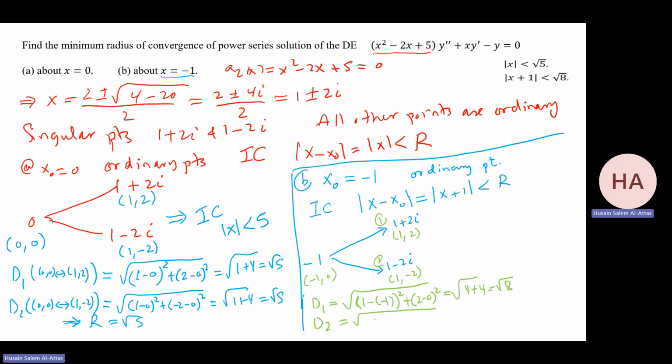So with this one, I have 1 minus minus 1 squared plus minus 2 minus 0 all squared. That will not make a difference. That will be square root of 4 plus 4. So what's my R? They are the same. So R equals square root of 8. So my interval of convergence, absolute value of x plus 1 less than the square root of 8, which is correct.